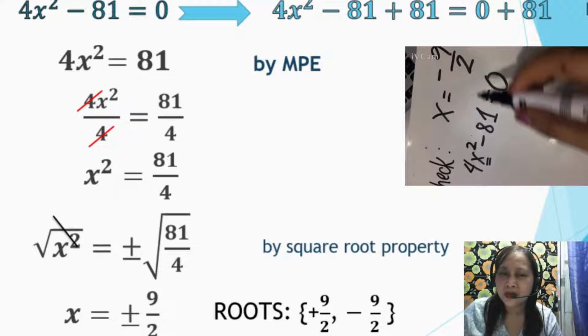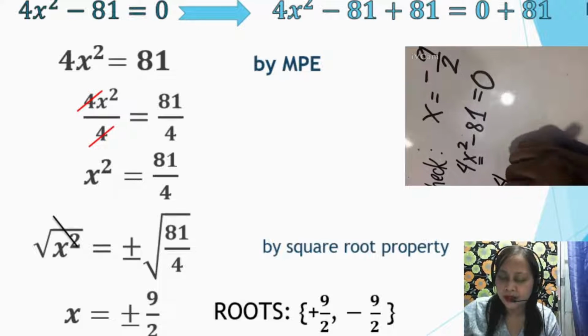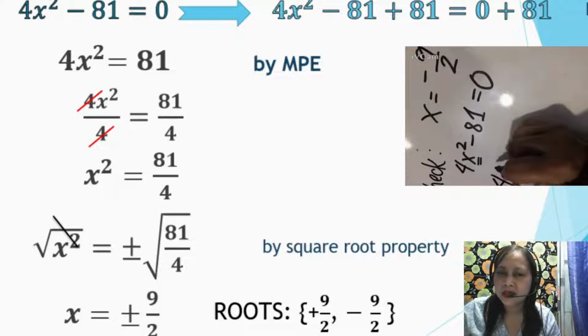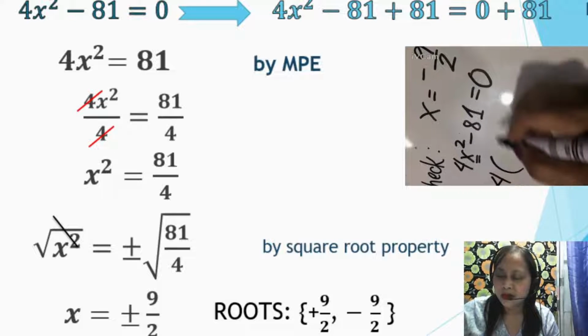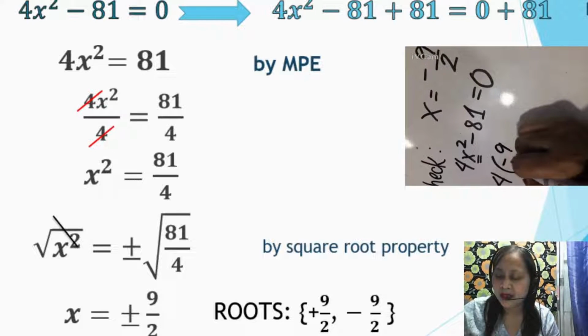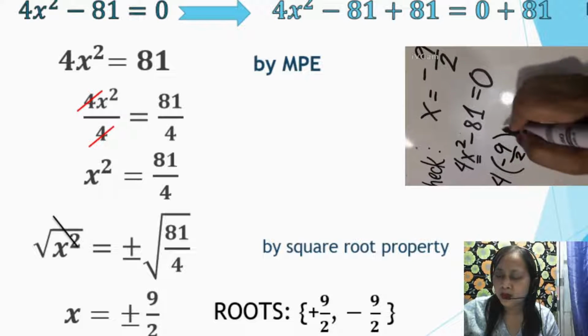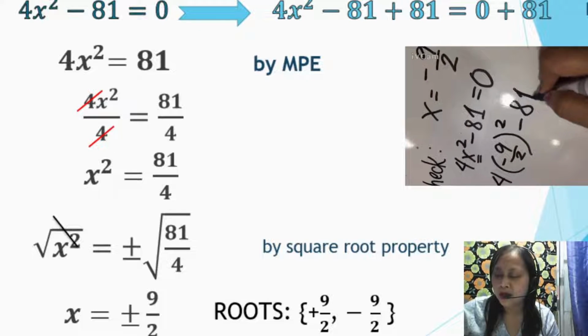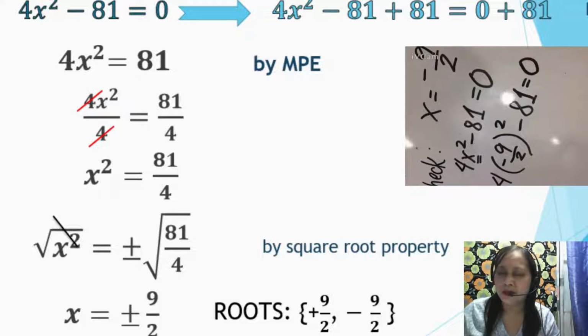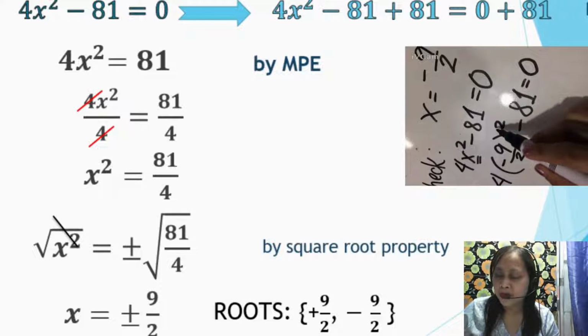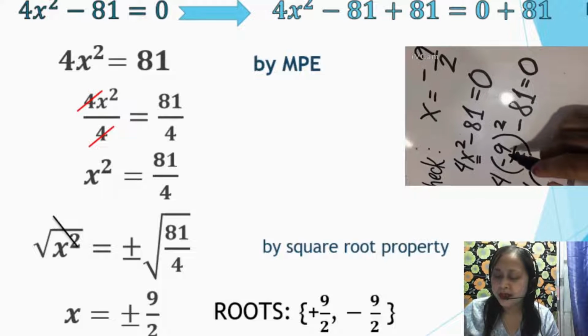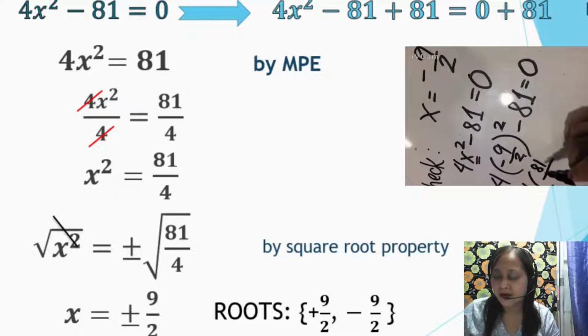So 4 times negative 9 over 2 raised to 2 minus 81 is equal to 0. First, we will solve those with exponents. So 4 times negative 9 times negative 9, that is positive 81. And 2 times 2 is 4.